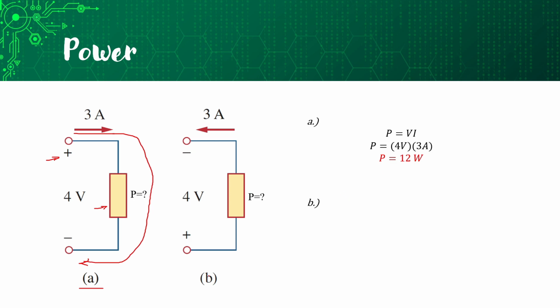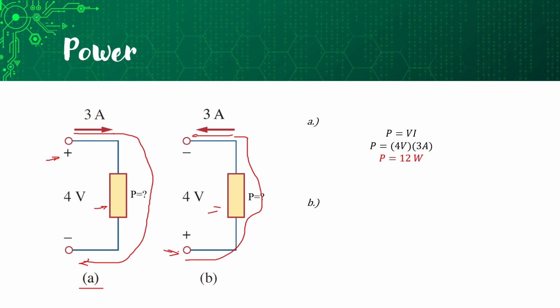Next is letter B. What should be the sign of the power experienced by this load? Looking back at the direction of the current, it goes to the left, so the current is flowing starting from here towards that direction. It forms a counterclockwise rotation, which means this is where the current started.